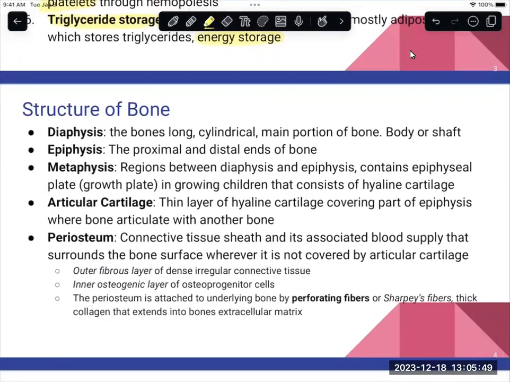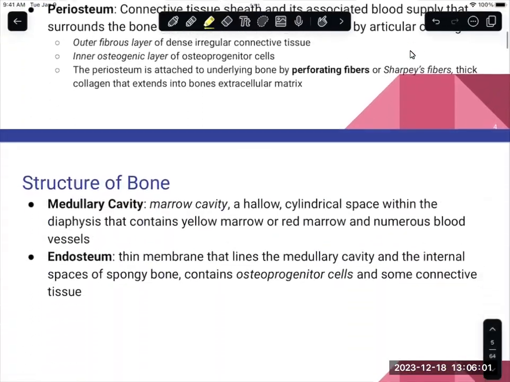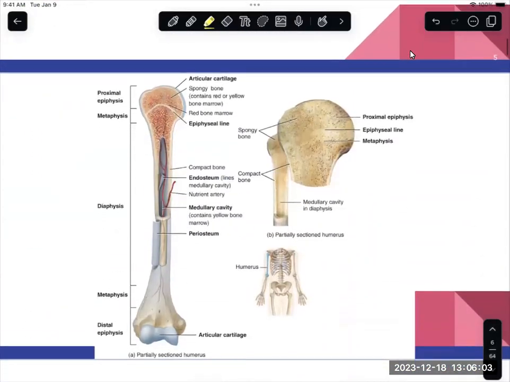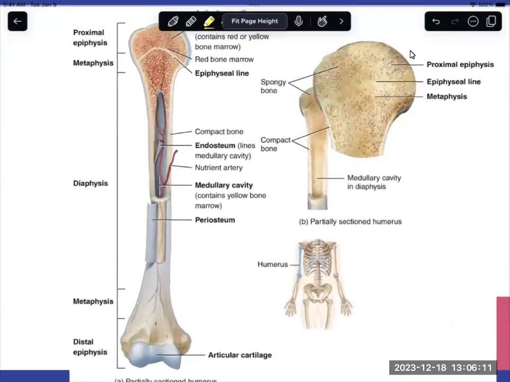So our bones have different areas on them depending on their shape and their length. Let's go to a picture. It'll help the words above make more sense. There we go.